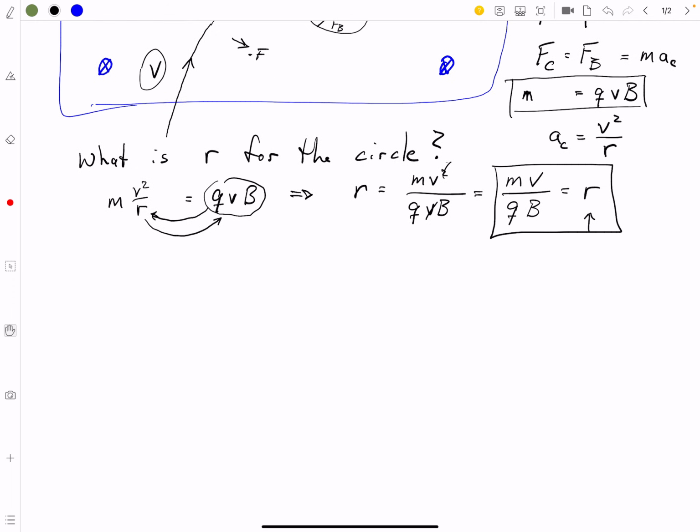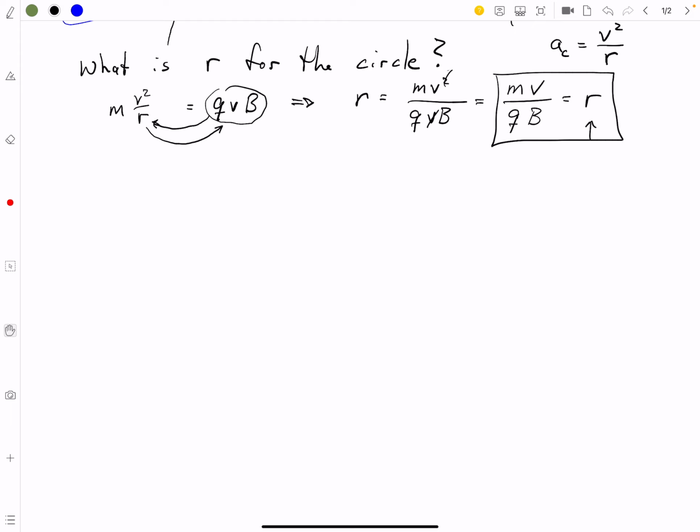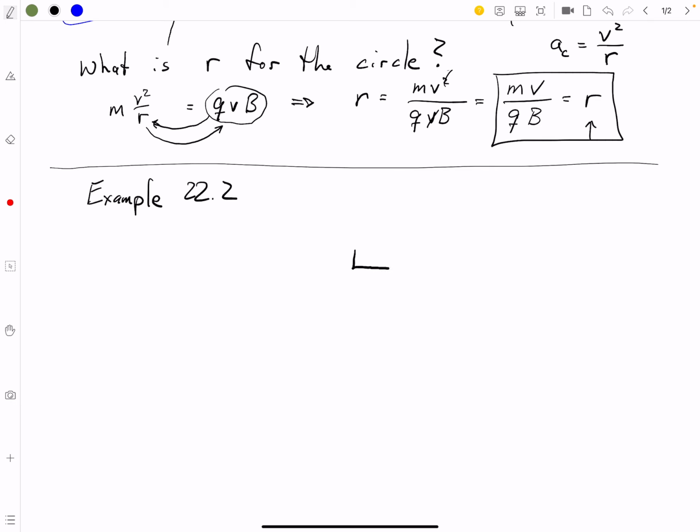Let's do another example. I think this one is out of the book. This is example 22.2. And we've got a bar magnet, not an electric bar.